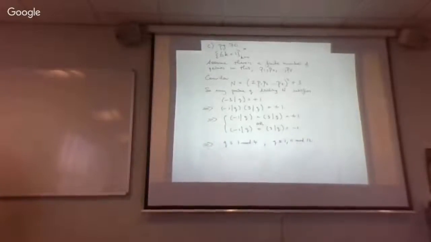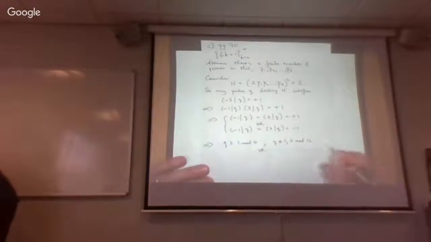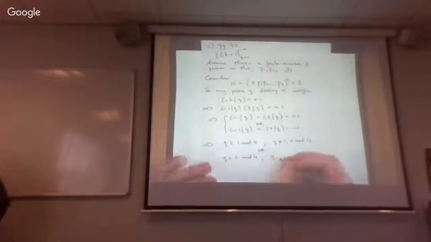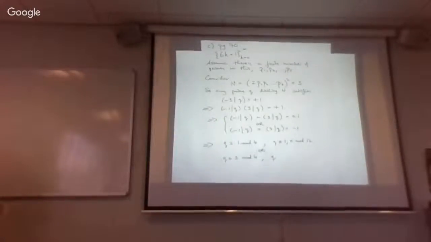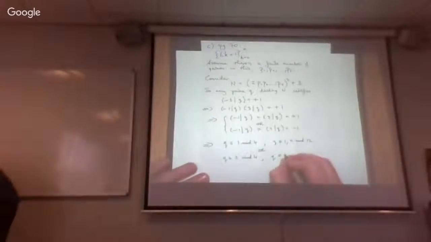That's example 8.4 for the status of 3, theorem 8.5 for the status of minus 1. So that's the one case. In the negative 1 case, q has to be 3 modulo 4, or q has to be plus or minus 5, so I'll write that as 5 or 7 modulo 12.